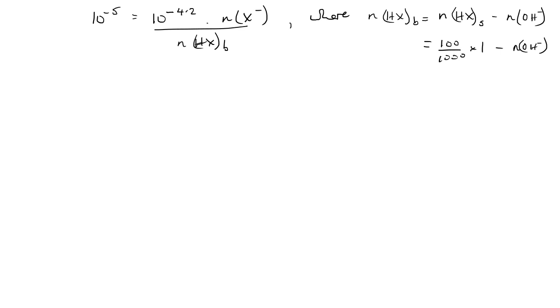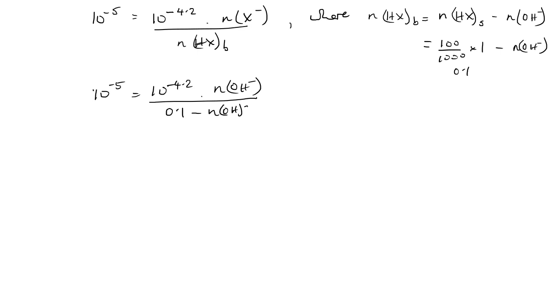So then we've got 10 to the minus 5 still equals 10 to the minus 4.2 still times moles of our hydroxide divided by this, which, of course, is 0.1. So we're just going to say 0.1 take our moles of hydroxide, and now we're just solving for moles of hydroxide.